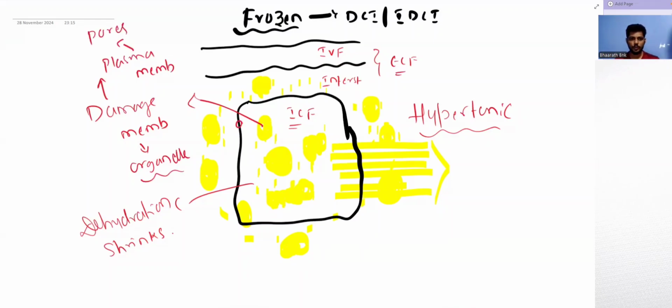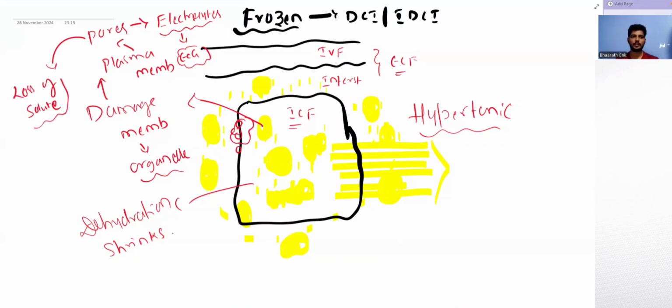So small pores develop here, and these pores are initially small, and they will start to leak electrolytes. As electrolytes leak, these electrolytes are the ones responsible for maintaining charge. The cell will lose the electrochemical gradient, right? So the cell loses electrochemical gradient. And when the pores become enlarged, multiple pores coalesce together and form a big pore that will lead to the loss of solute also. So all the intracellular components come out and enter into the extracellular space, right?